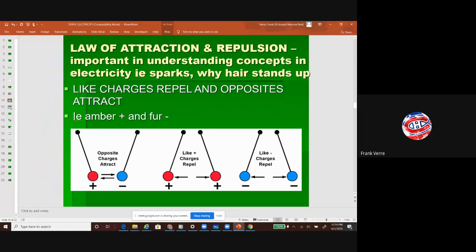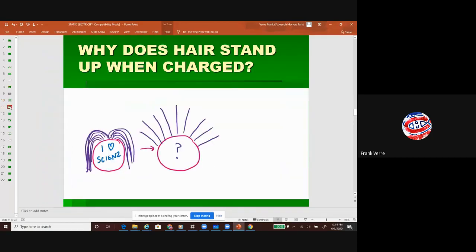It also helps to understand why we see people's hair stand up when they're statically charged. Obviously they would need to build a pretty strong charge to see this effect. But I'm sure you've seen those video clips when the person is touching a type of generator and their hair stands up.